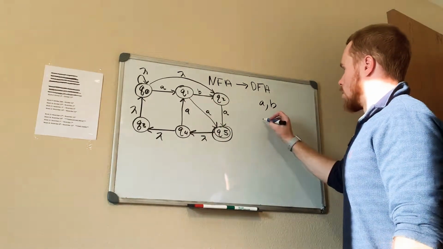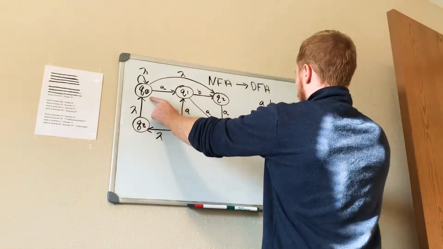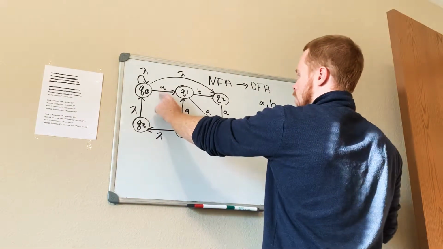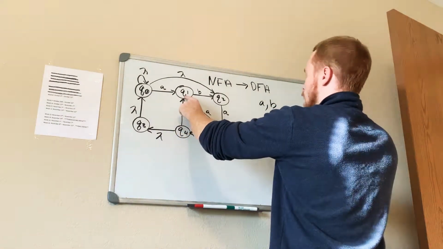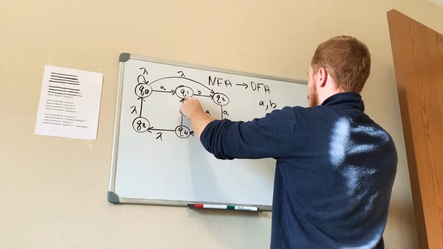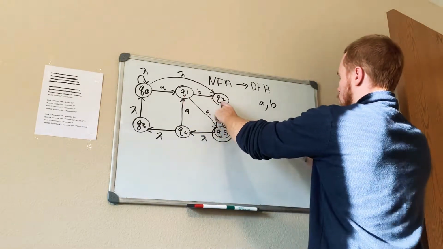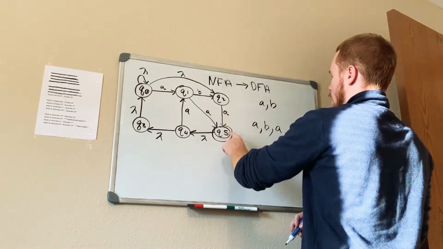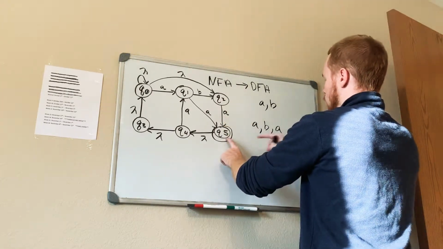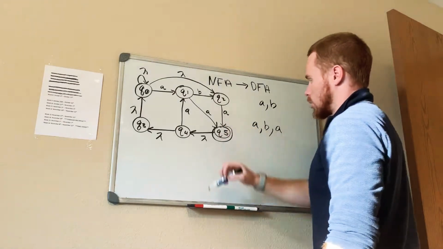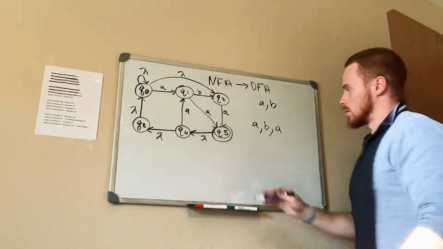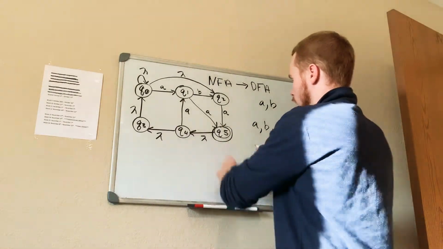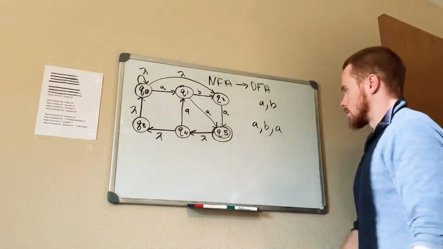So if my input was A, then I can go to Q1. If my next input was B, I can go to Q2. If my third input was A, I can go to Q5. Q5 has an extra circle around it. That is symbolic, that is an accepting state or a final state.